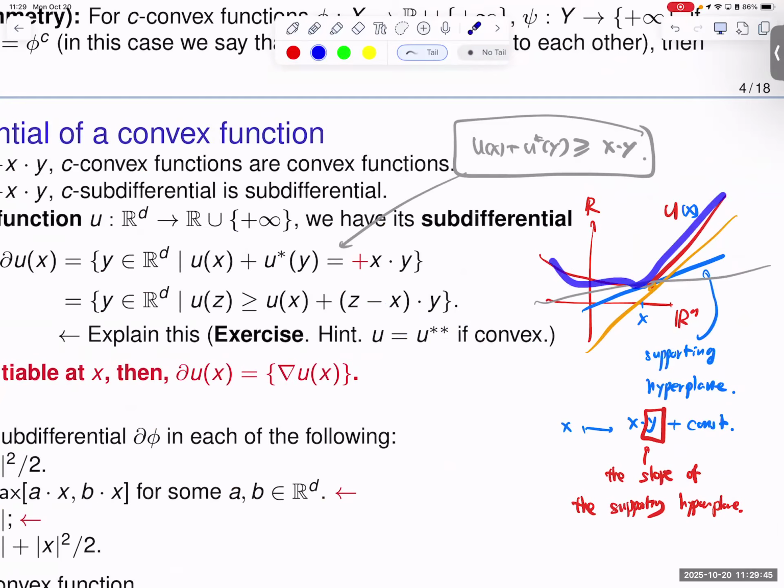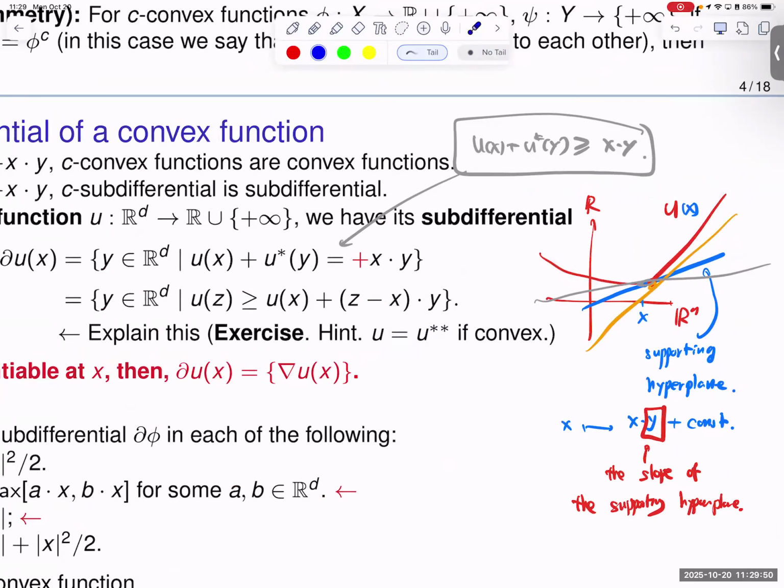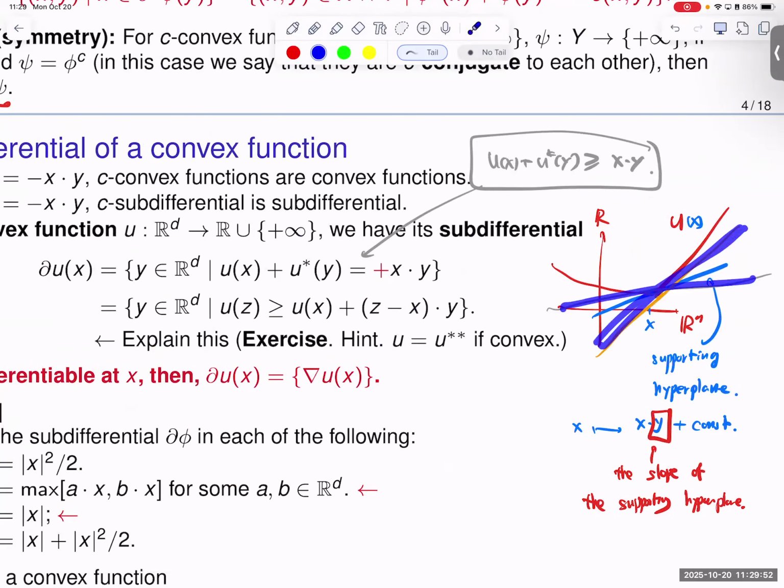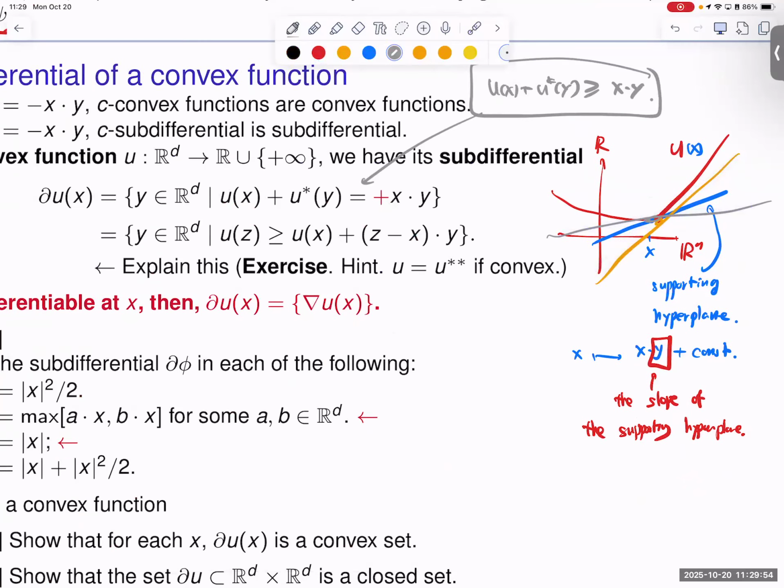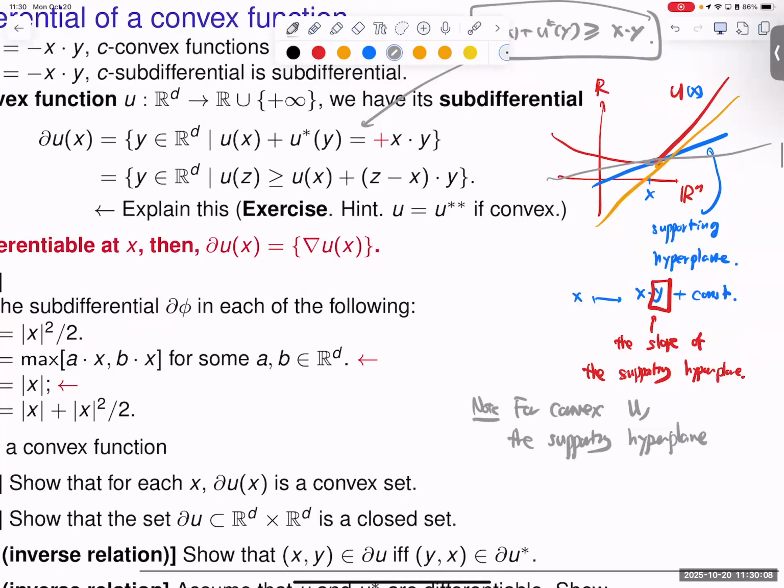The convex function is the Legendre transform of this u star, which means that when you consider these supporting hyperplanes, they are given as x dot y minus u star of y.